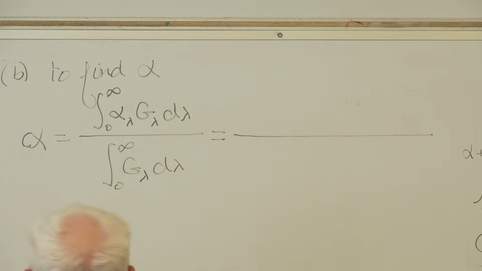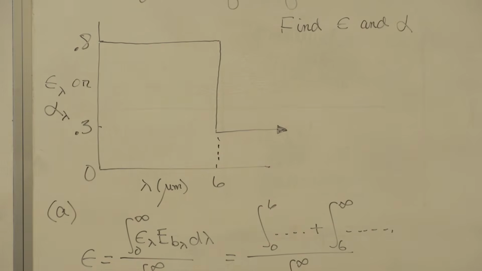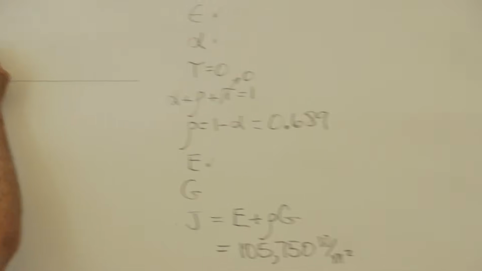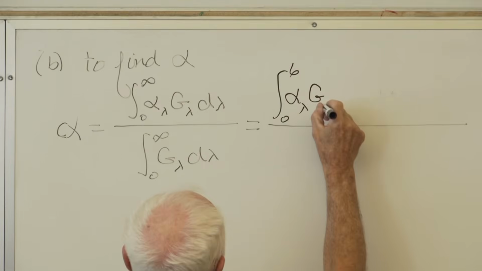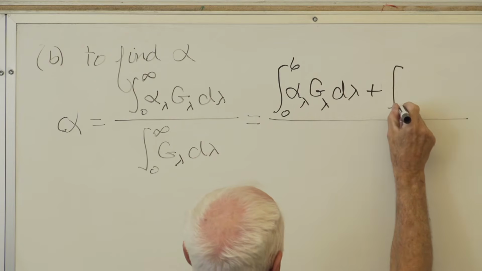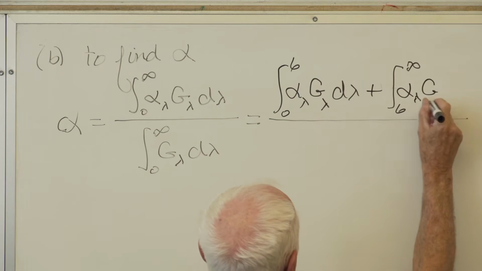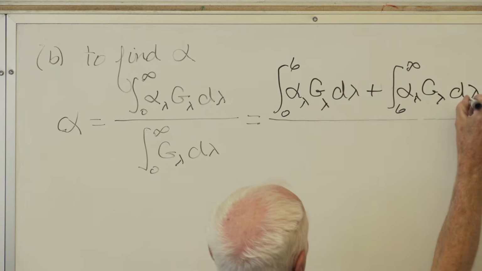Okay, look for breakpoints. There's only one, 6. Integral 0 to 6 alpha lambda g lambda d lambda plus integral 6 to infinity alpha lambda g lambda d lambda.